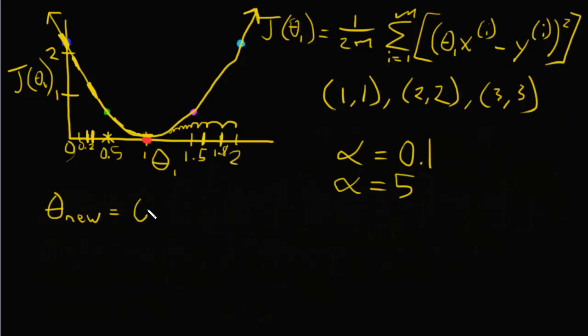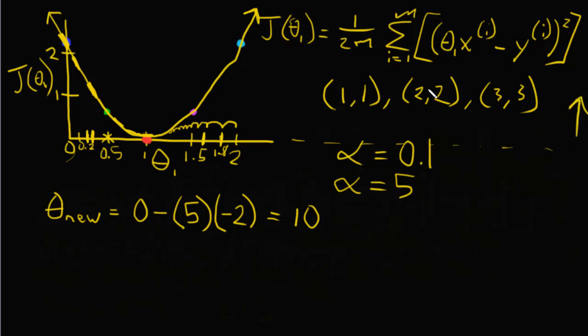So we'll say 0 minus the alpha, which is now 5, times the slope, which would be -2 at that location. So my new theta is going to be located at 10, which is way over here somewhere and way up.